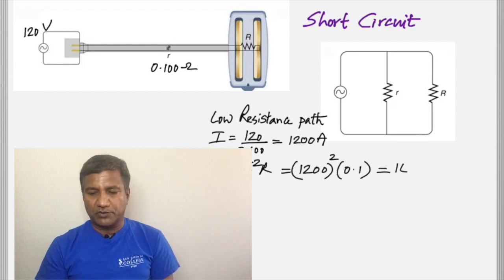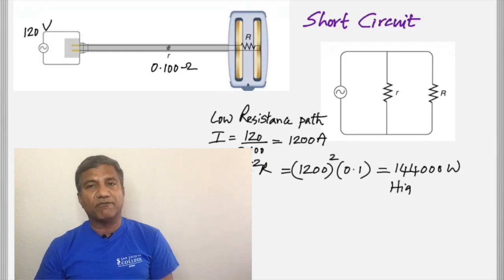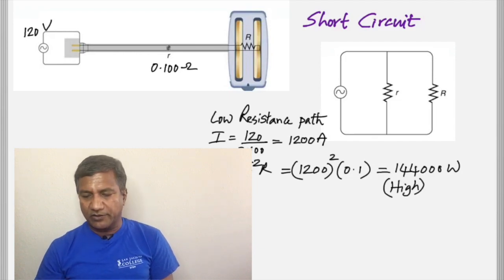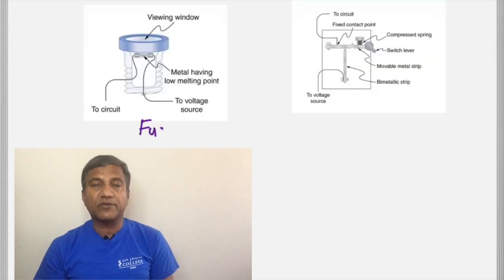And therefore the power, which is I squared times R, is going to be very large. It's 144,000 watts. That's high. That's 144 kilowatts. That's really high. That's why we need protective devices like I mentioned.